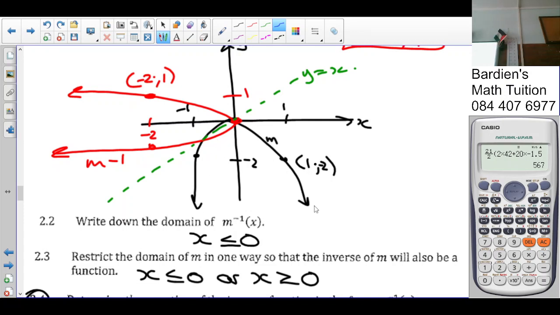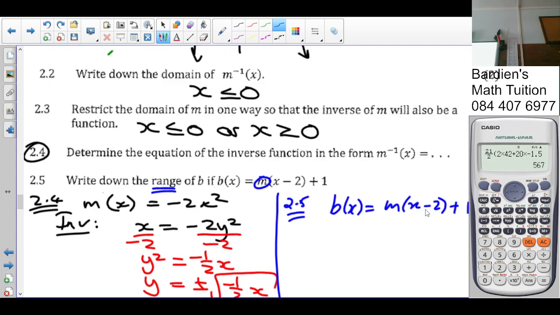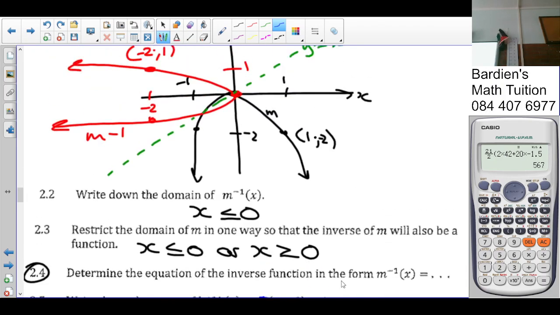So what effect does this negative 2 have on the graph? The x minus 2. The graph is moving 2 units to the right. So if I move this graph 2 units to the right, then the graph will lie here, at 2. So what's the range of that graph?